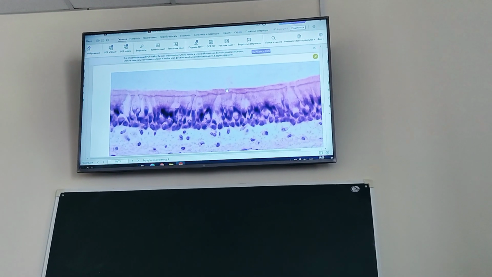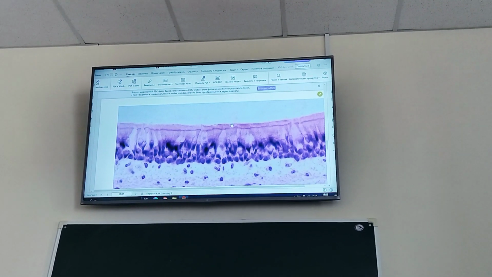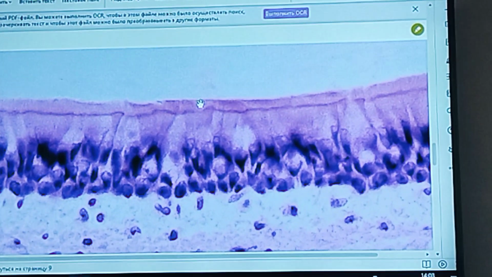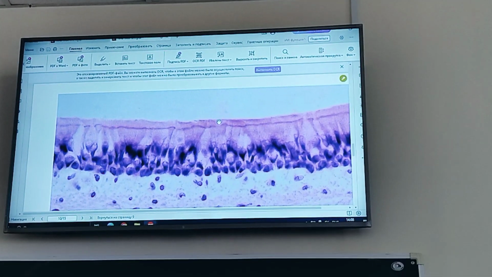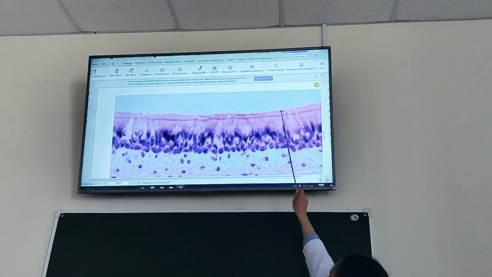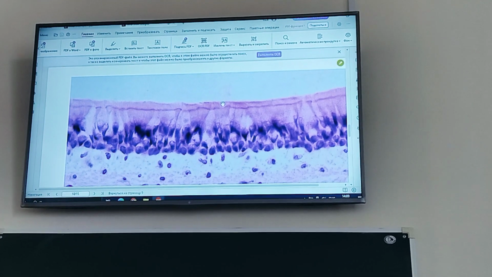Cells have different sizes. So here I can see false stratification, a false appearance of being stratified. And not forgetting about cilia: this is a layer of cilia, not brush border.